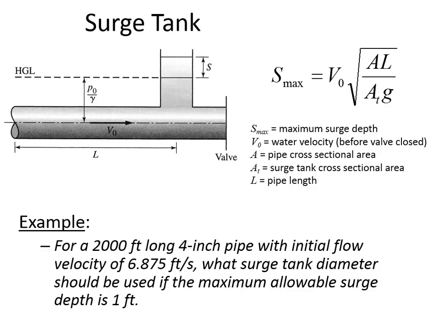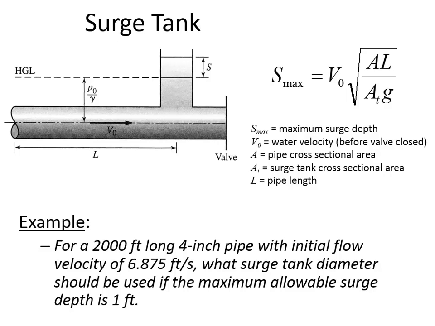So if we have a pipe diameter of 4 inches like we do in this problem, the area of the pipe is 0.08727 square feet. And so we can substitute in the area of the pipe, 0.08727 square feet. The length of the pipe is 2,000 feet.